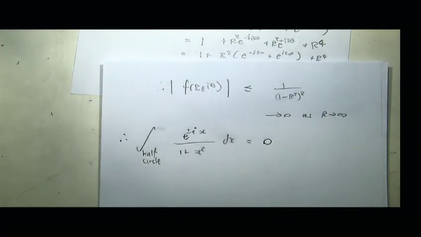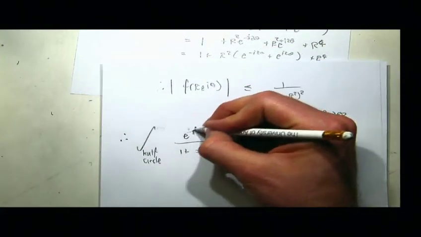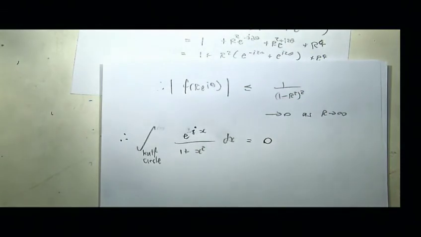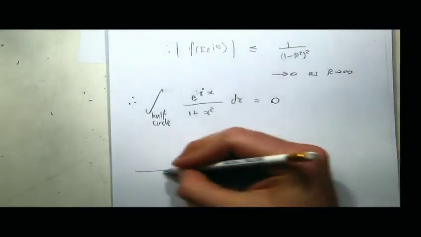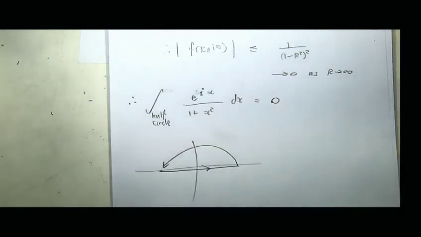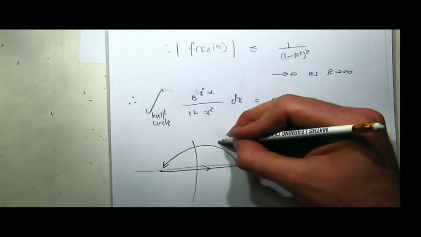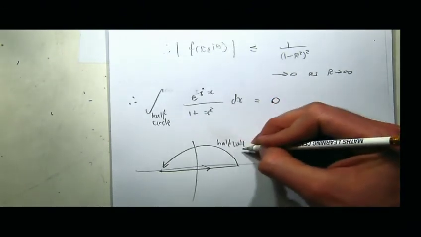Does m have to be positive? Okay, just I. So if we imagine our integral, it goes like that, and we know that the integral around the top half, the half circle, is 0.